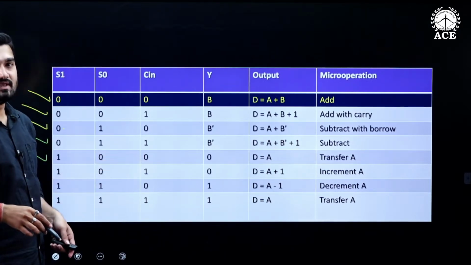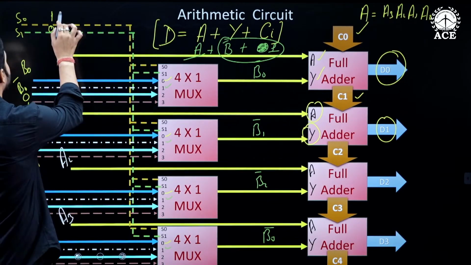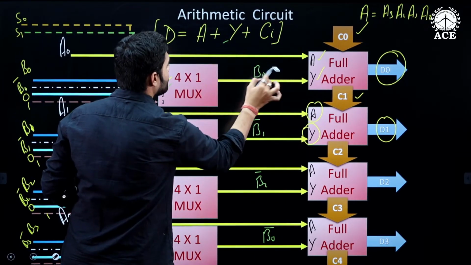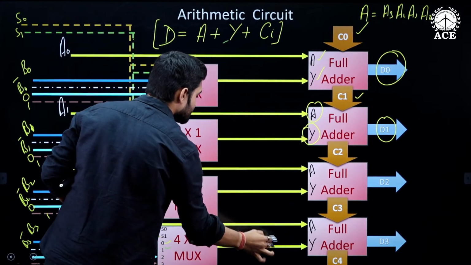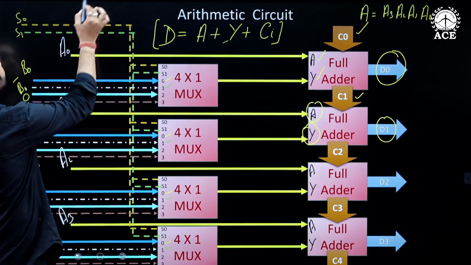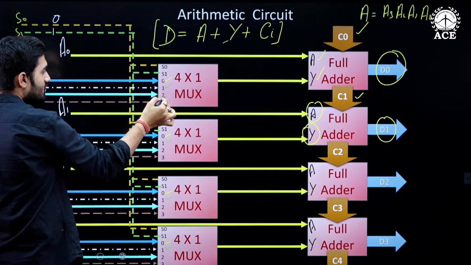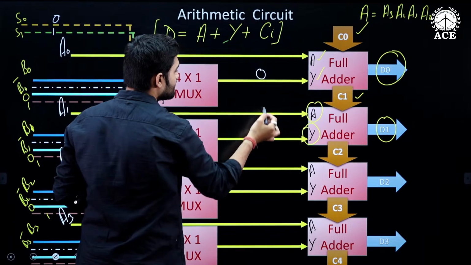1, 0, 0. If I write 1, 0, 0, what do we understand? Here comes 1, 0. That means input 2 got selected. Output will be 0.